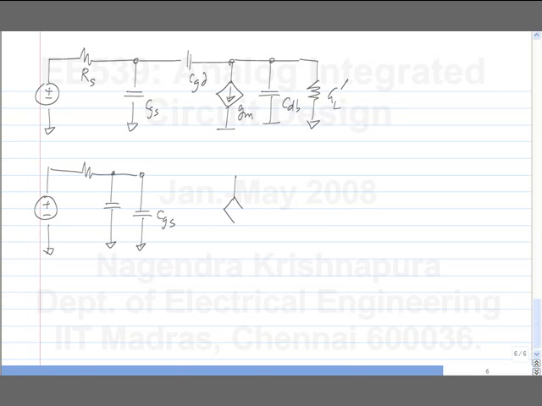CGD times (gm by GL prime plus 1). I do the same on the output side.